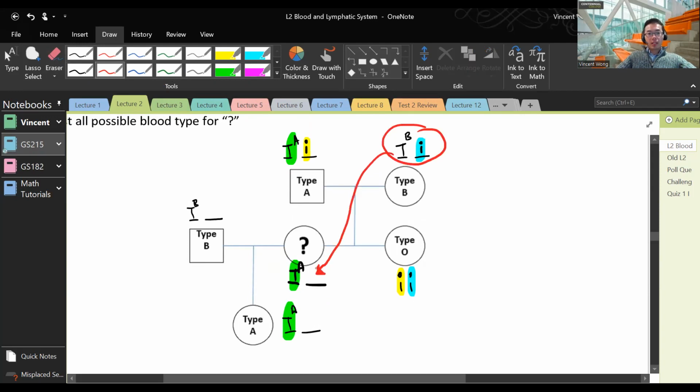So are we able to definitively say whether she is IAIB or IA small i based on what we have here? We know there must be a B or a small i here, but do we know for certain which one it is?